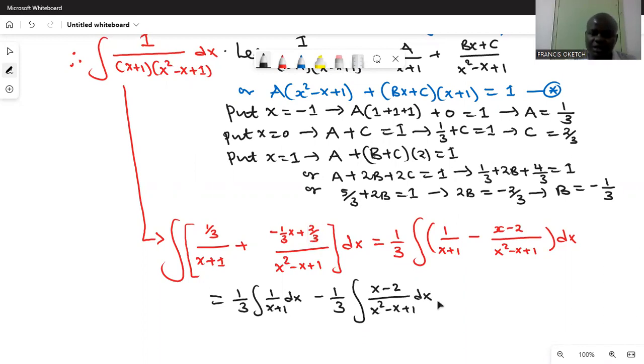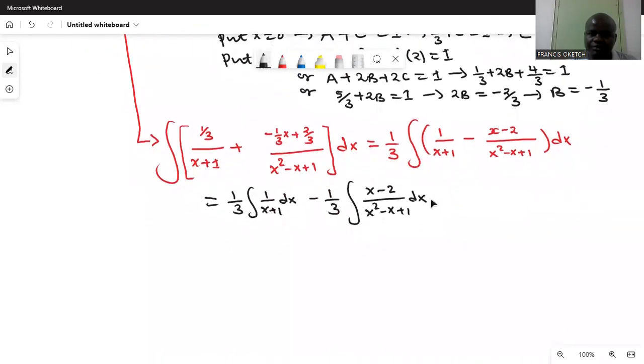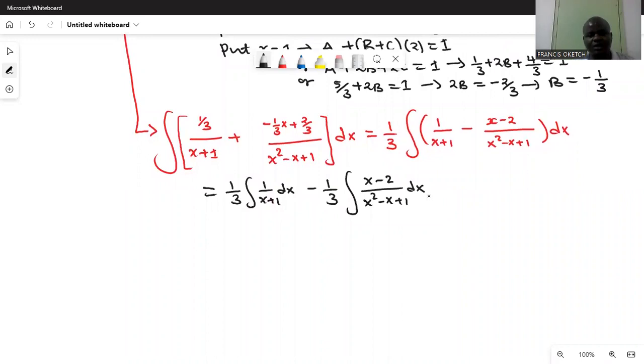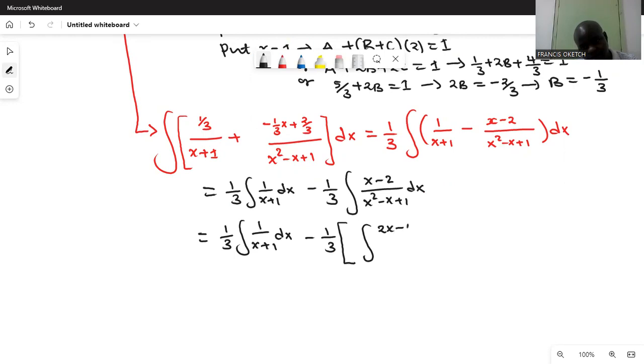I can split the second integral further as, let me write it down. This can further be written as 1 over 3 times the integral of 1 over x plus 1 dx minus 1 over 3. You see, this integral can be written as the integral of x, or simply I can write that as 2x minus 4. I've multiplied the numerator by 2, so I must also divide by 2.